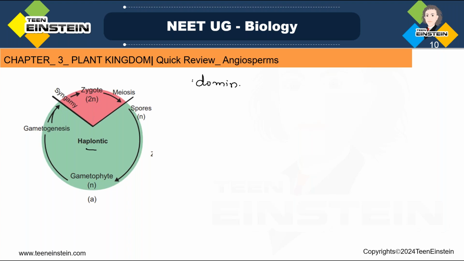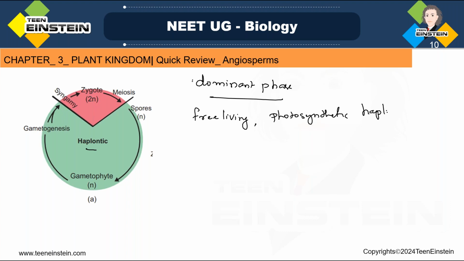In haplontic, the dominant phase of their complete life cycle, the majority of the portion, that will be free living and photosynthetic and haploid gametophyte. Okay. See the gametophytic phase.